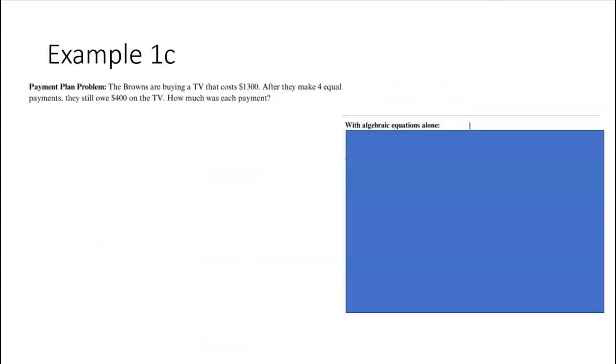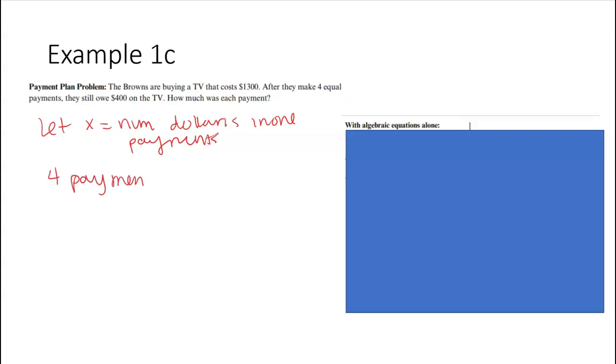So if we were just to use algebra alone, we're not going to use any strip diagram. So now let's let x equal the number of dollars in one payment. So we know that there are 4 payments. They make 4 payments. So that would be 4x. And then after the 4 payments, they still owe, right?